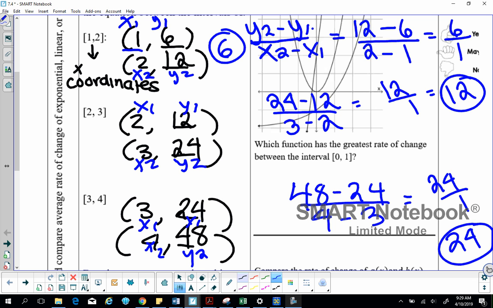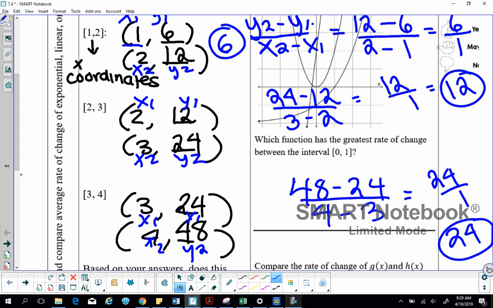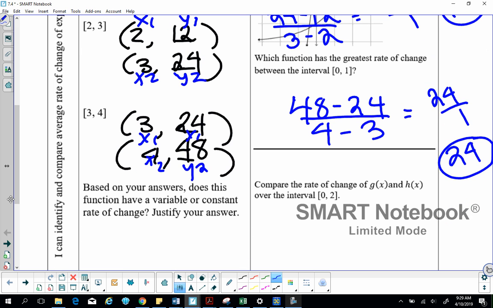Cool. Did everyone get those answers? Now, those numbers that we just got are 3 rate of changes for the same problem. Are they the same number or different numbers? 6, 12, and 24? No, right? Because they're not the same number, that tells me that it's a variable rate of change.